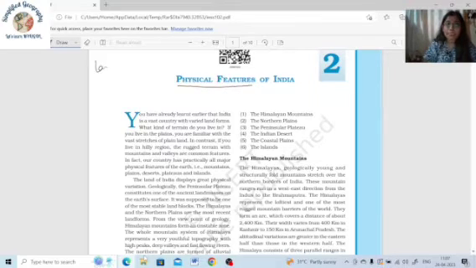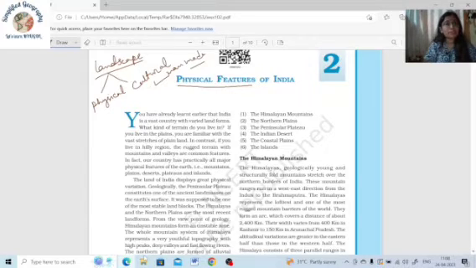Now, landscapes. When we use this term landscape, it is of two kinds, physical and cultural landscapes. Let us begin with the cultural ones, which are generally man-made. That means using natural substances, natural objects, whatever man has made.